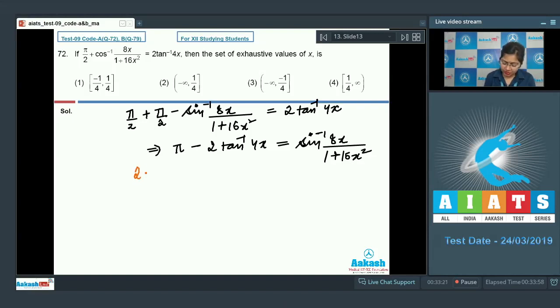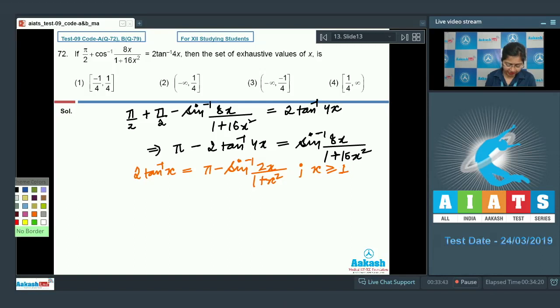Now we know that 2 into tan inverse x is equal to pi minus sin inverse 2x upon 1 plus x square when x is greater than or equal to 1. So we will use this property here in this question.